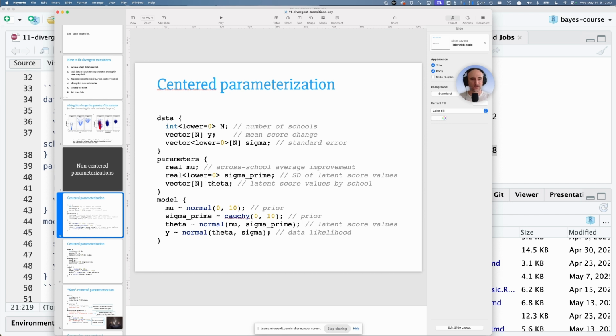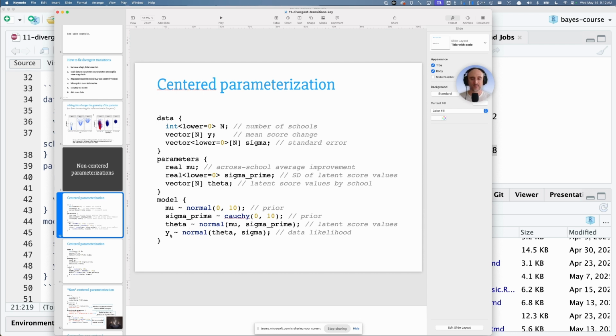And then we have those random effects or unobserved latent underlying score change values called theta. So the main part of the model is just here, second last row. So we're saying that these unobserved true scores are a function of the overall average and the spread of those unobserved true scores across schools, sigma prime.